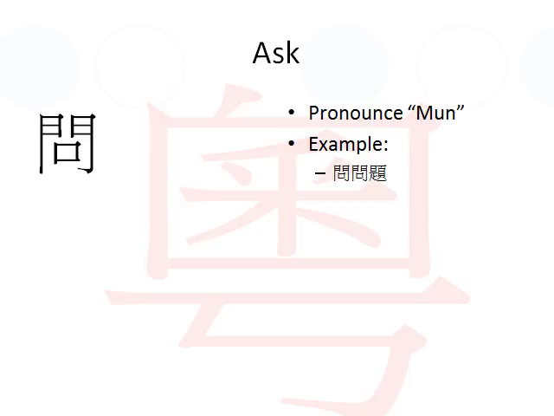So an example, which is probably kind of confusing for you right now. The Cantonese phrase for question is called man tai, in which one of the kanji in there is the same as the verb to ask. So man tai means ask question.